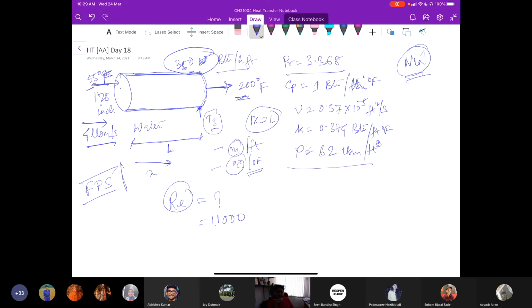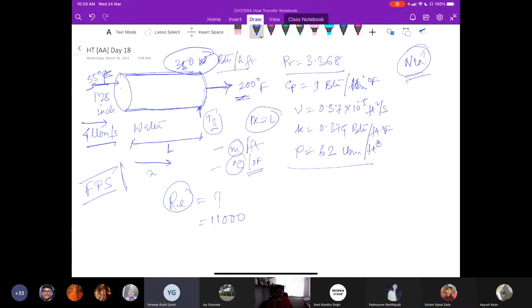So what is the velocity you calculated, Soham? 0.61 or 0.62 something. Again without unit? How can you tell that number? Is the unit centimeter per second? No, sorry, feet per second. No, that is wrong. I am getting 7.57.